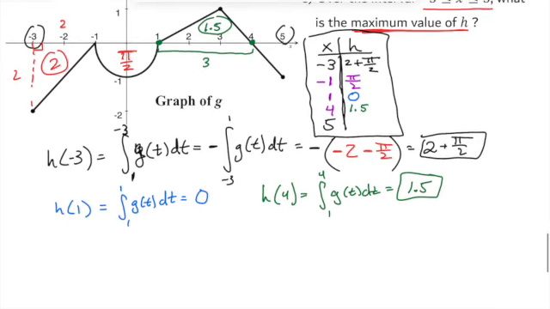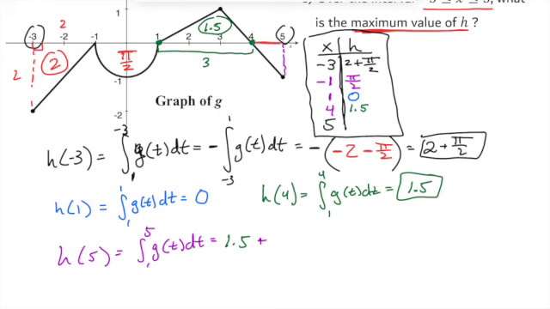And lastly, h of 5. Now h of 5, we just really have to go one little bit further here. You're doing the definite integral from 1 to 5 on g. And you just did 1 to 4, which is 1.5. So you can take that 1.5 and basically just add on to it what happens after that, which is another triangle area.